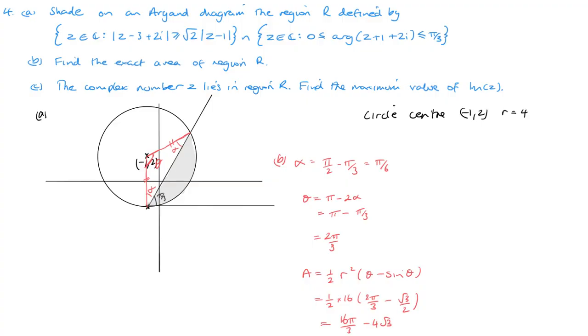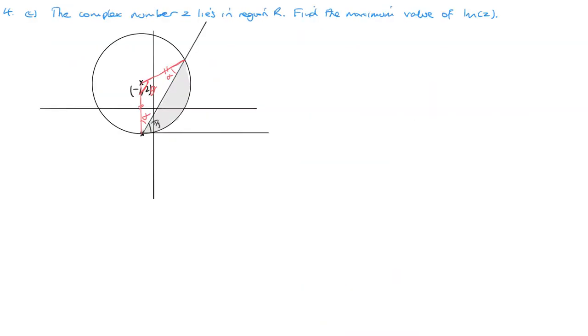Now part C: the complex number z lies in the region R. Find the maximum value of the imaginary part of z. Now the largest imaginary point is going to be where this line intersects up here.